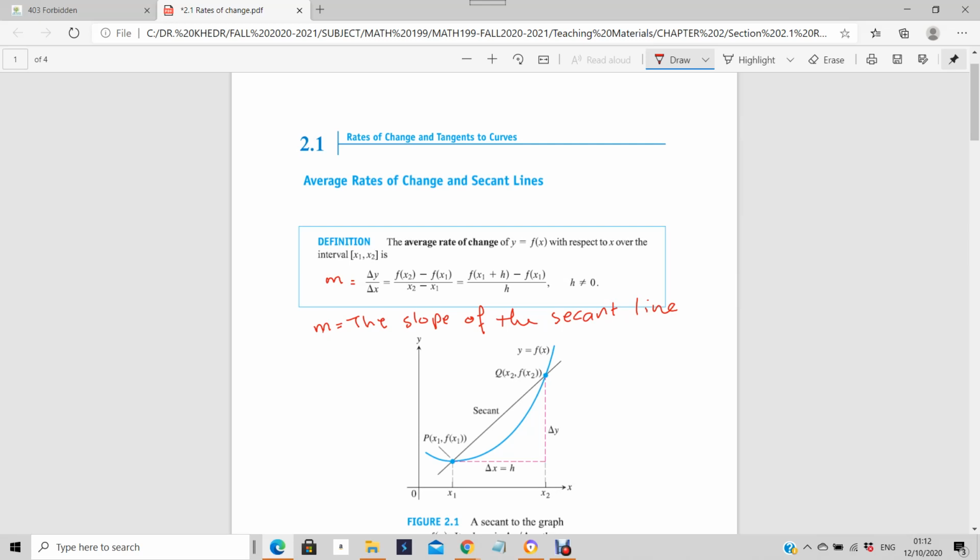Imagine that Q is coming closer to P, then x2 and x1 will become 1 point. So h here is now very, very close to 0. So if we consider the limit of this term as h goes to 0, we are calculating the limit of the secant line that becomes a tangent line.